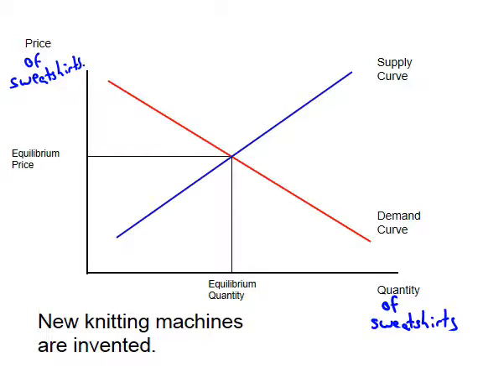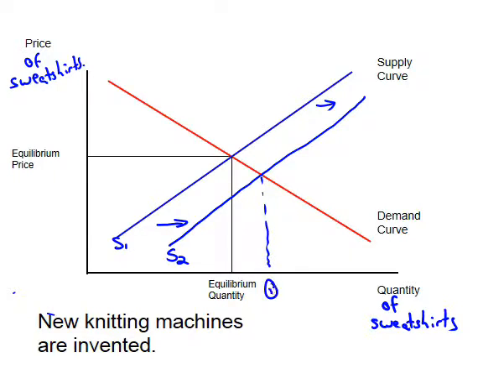At any rate, the supply curve will shift to the right because of new and better technology in the production process. We'll have S1 and S2. Here we have quantity, and here we have price.